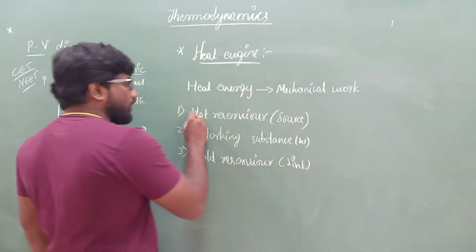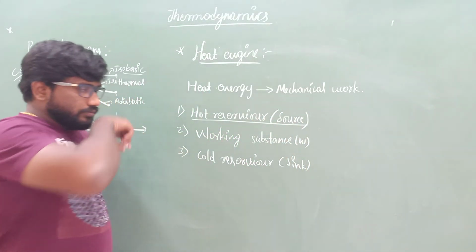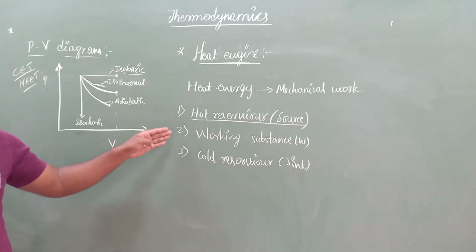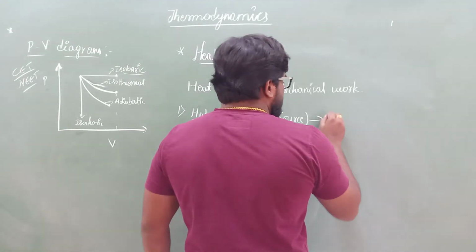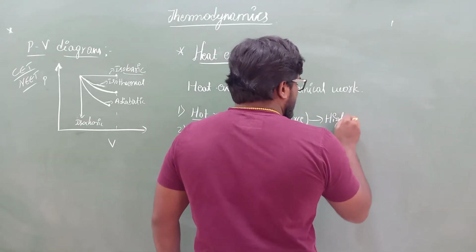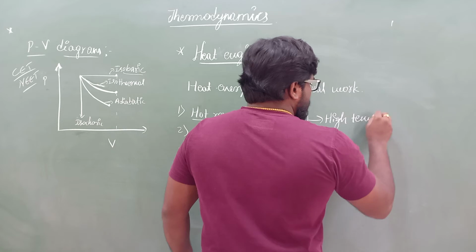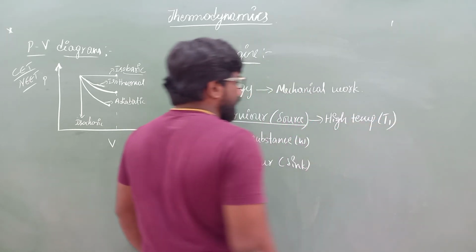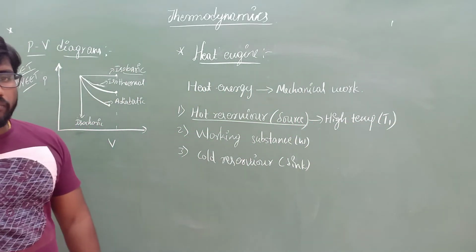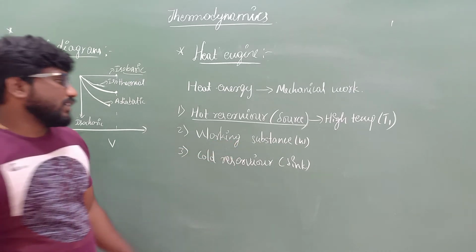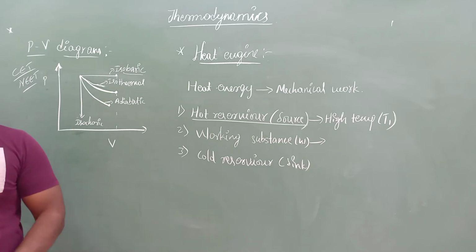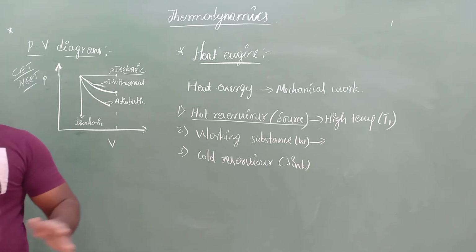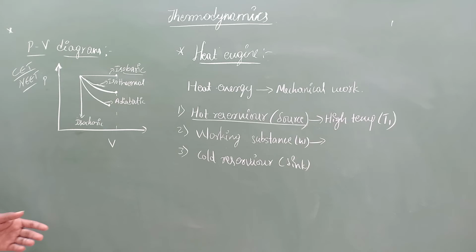So what is a hot reservoir? In this case it is maintained at a very high temperature, which we take as T1. The second one is the working substance. Depending on the case, we can take a diesel engine, or you can take coal and petroleum products.